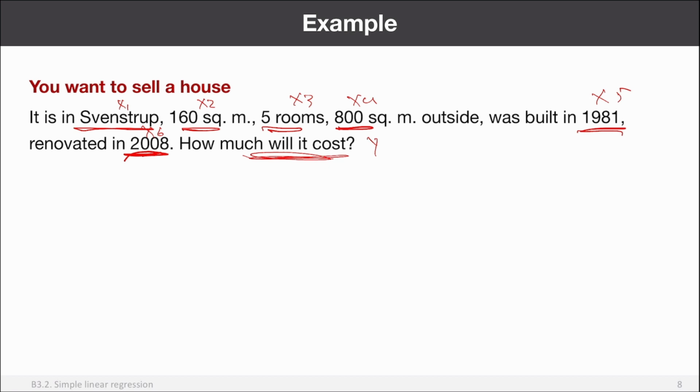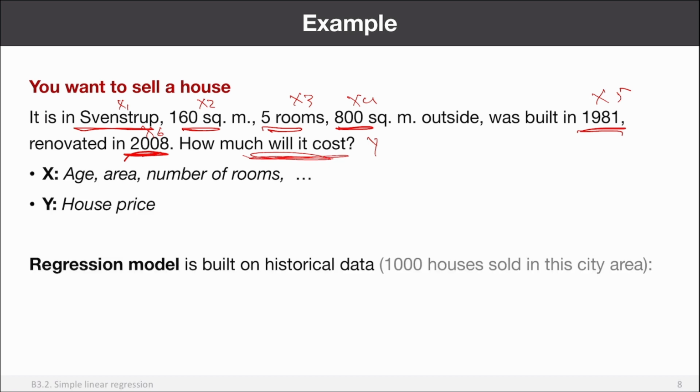In this case, we have a situation where you cannot measure y. It's not possible to look at the house and say how much it costs, right? The only way to estimate the price is to make this prediction, to make the regression model. Well, how to make it? First of all, usually the regression model is fitted based on data where you have both x and y known.